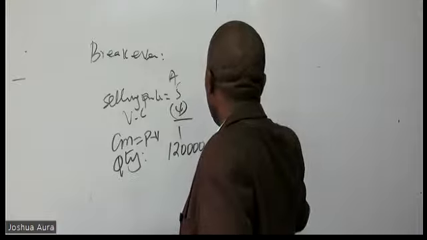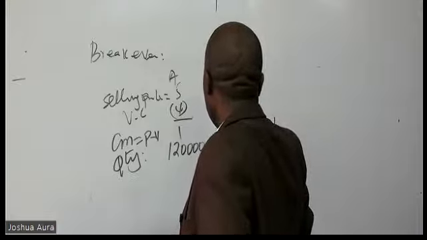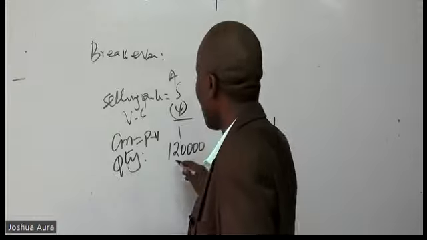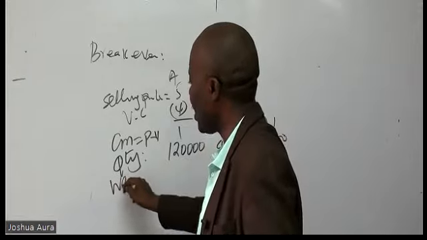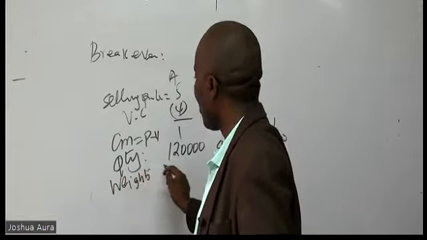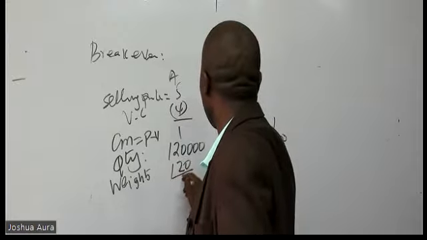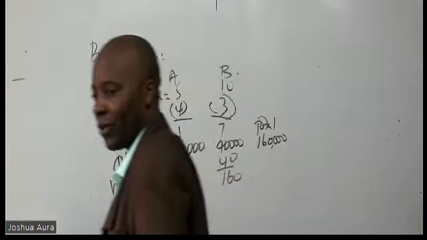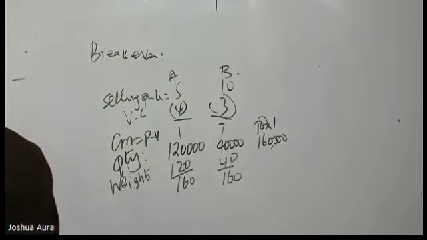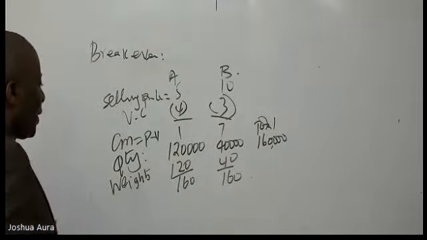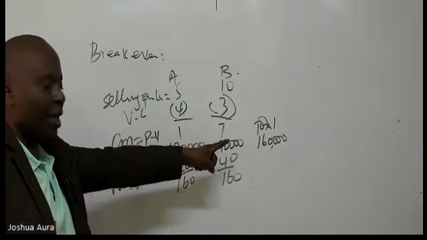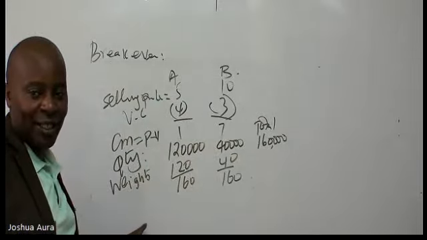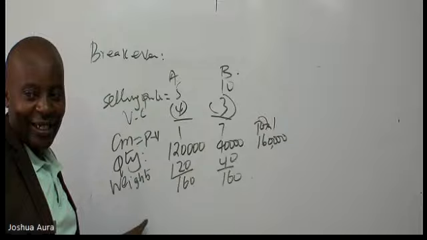The total, they have said, is 160,000. From this quantity I should be able to get the weights: 120 over 160, and 40 over 160. I think you are not able to see even what I'm writing. I got the total quantity there, which I'm now using to get my fractions.